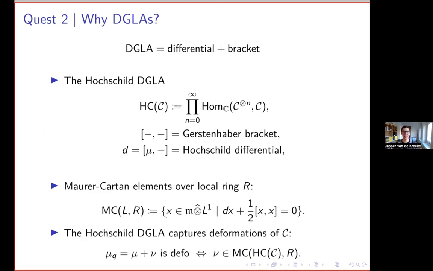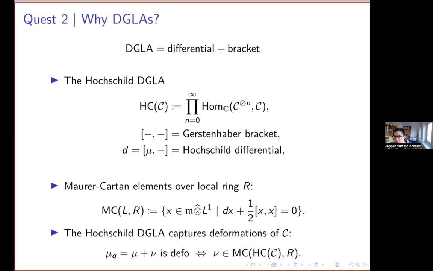Okay, what are DGLAs? A DGLA is a graded vector space together with a differential and a bracket satisfying the Leibniz identity and the Jacobi rule. The Hochschild DGLA is a particularly important example of DGLAs. Hochschild DGLAs you might know from associative algebras, but they also got extended to the case of A-infinity algebras and A-infinity categories.